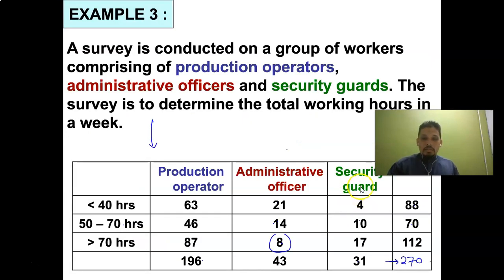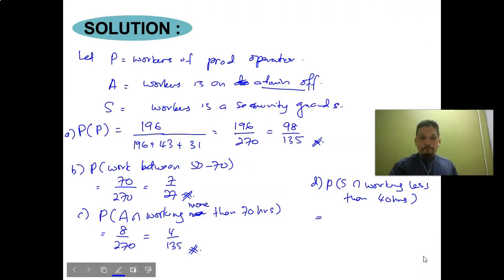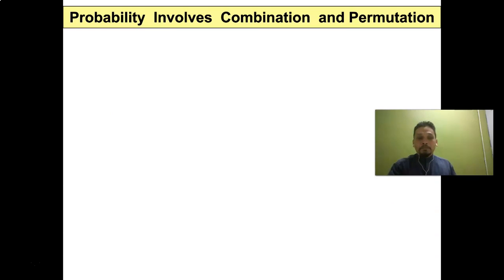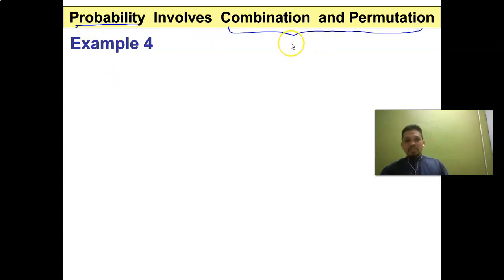Security less than 14 hours, 4 of them, out of a total of 270. 4 divided by 270 equals 2 divided by 135. Okay, probability involves combination and permutation. This topic is involved with topic 7 that we discussed before, combination and permutation.